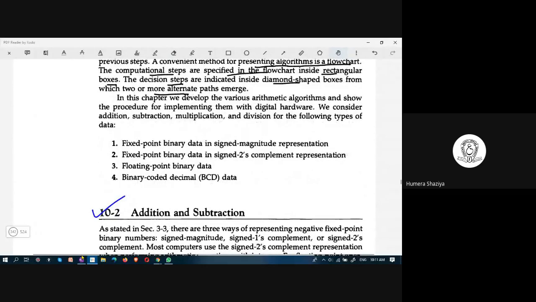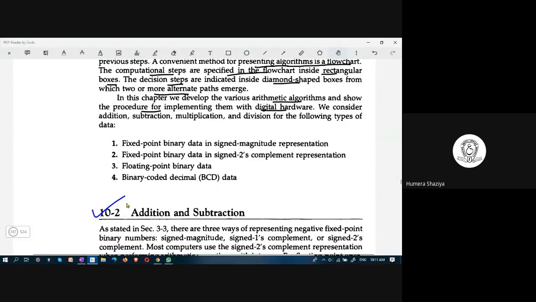In this chapter, we are going to develop various arithmetic algorithms and the procedure for implementing them with digital hardware. Even if you know the procedure in your mind, you need pen and book in order to perform that operation, right?